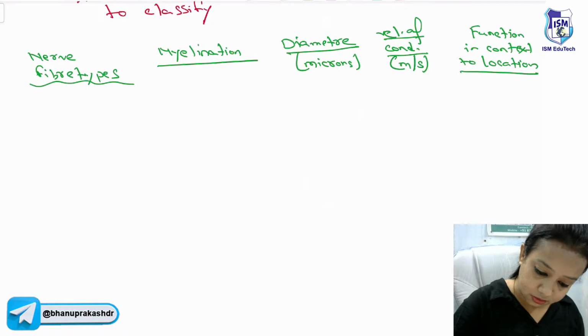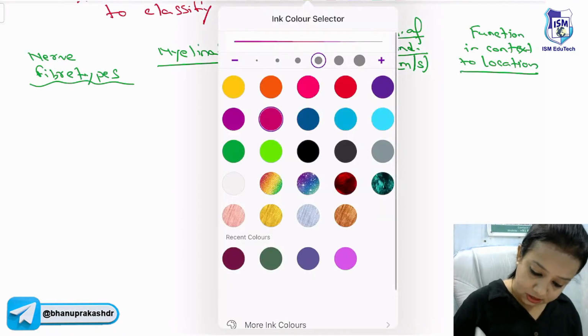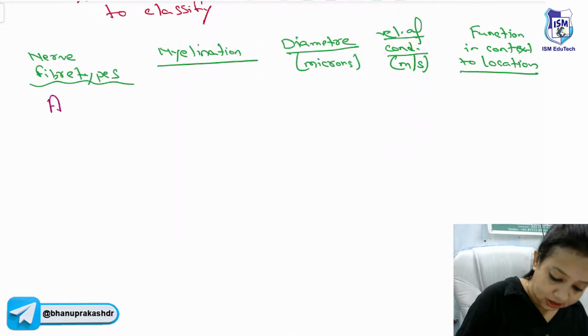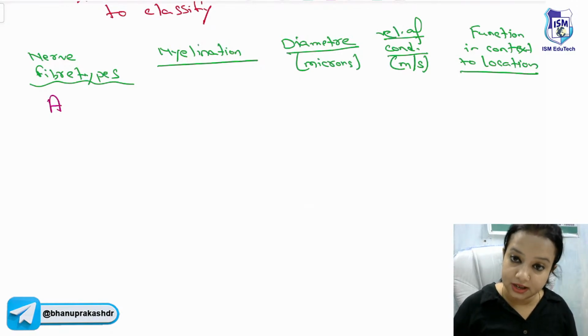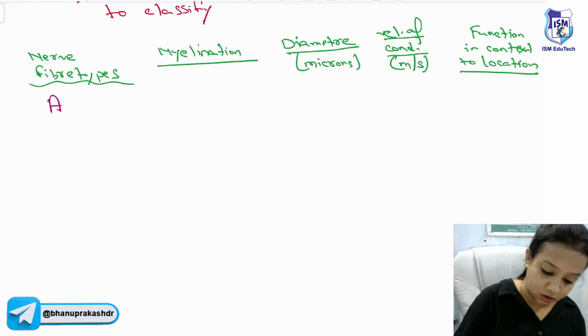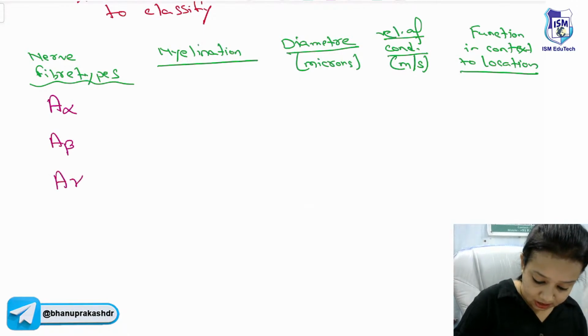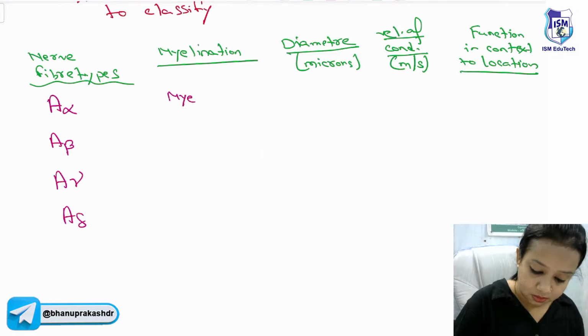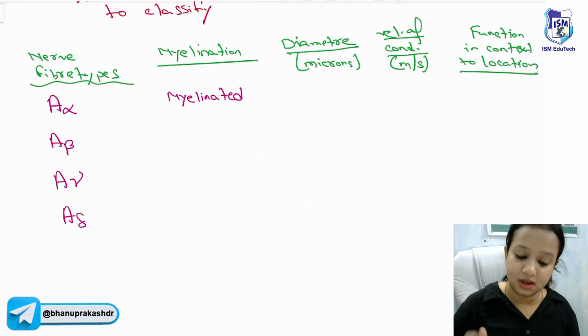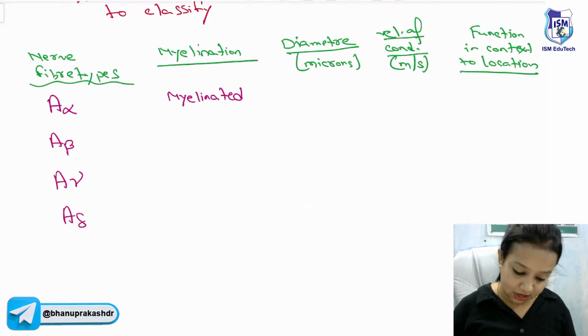So the first type is A. This A has been further subdivided into A alpha, A beta, A gamma and A delta. A alpha is not only myelinated, it is very thickly myelinated.